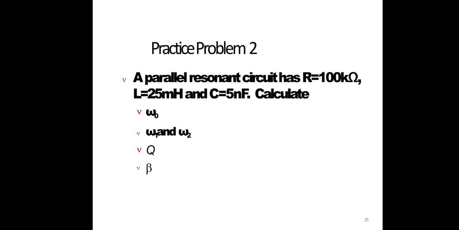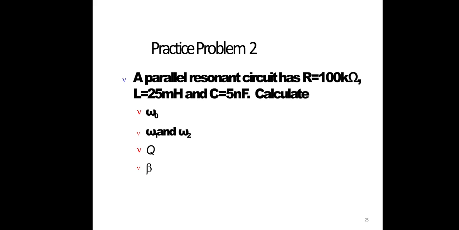So here omega naught is 1 by root LC, and F naught is 1 by 2 pi root LC. From this circuit, 1 by root LC is omega naught. What is 1 by root LC? 1 by root over 25 into 10 power minus 3 into 5 into 10 power minus 9.